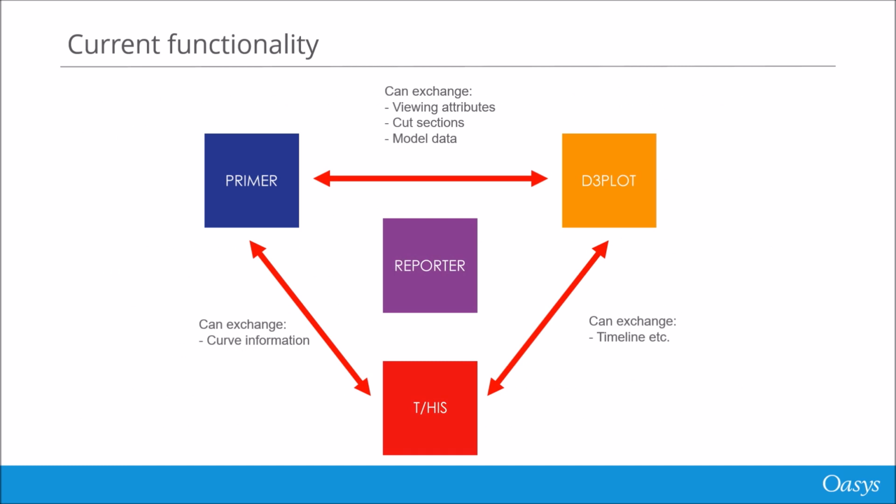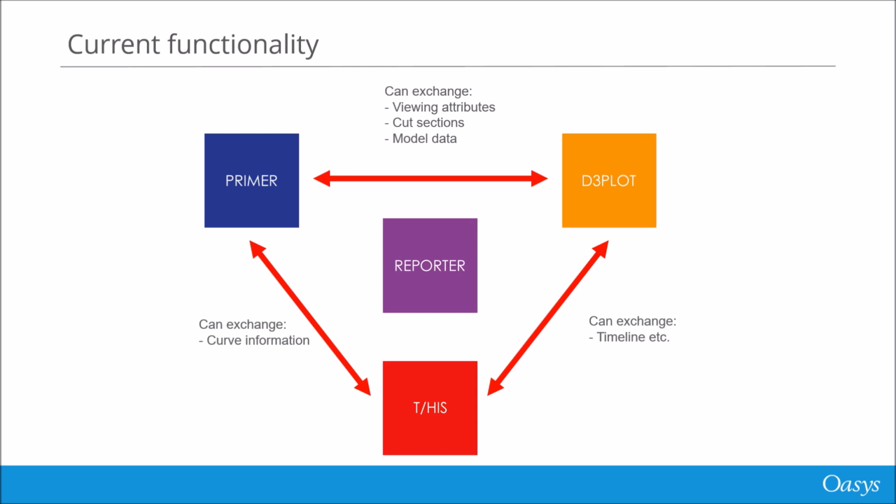So here we have the Oasys suite products. We have PRIMER for pre-processing your analyses. We have D3plot and THIS for post-processing your analyses. And these can now all be linked together in an interactive way that shares information between the programs. So for example, with PRIMER and D3plot, you can share information such as viewing attributes, cut sections, model data.